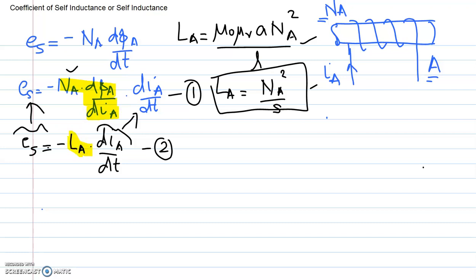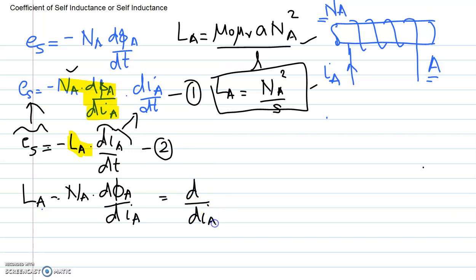In general I can write La is nothing but Na into d phi A divided by dIa, which is nothing but d by dIa of Na into phi A. This is nothing but change of flux linkage per ampere.